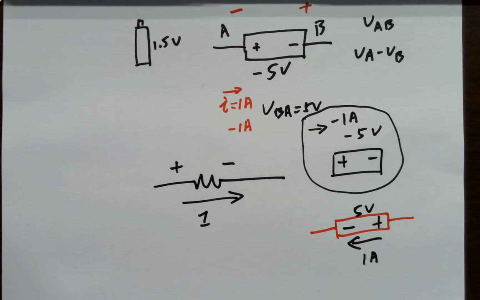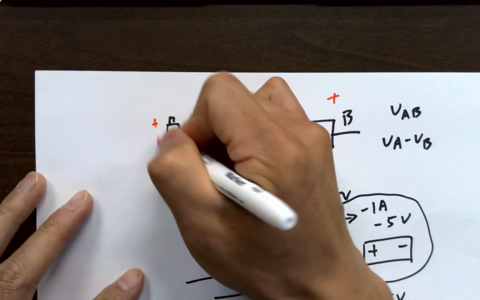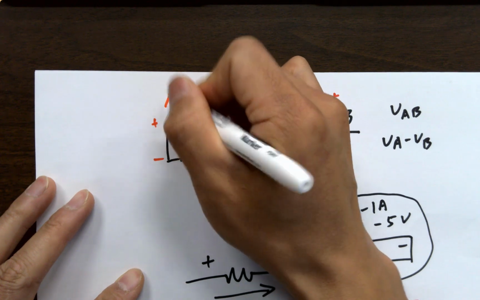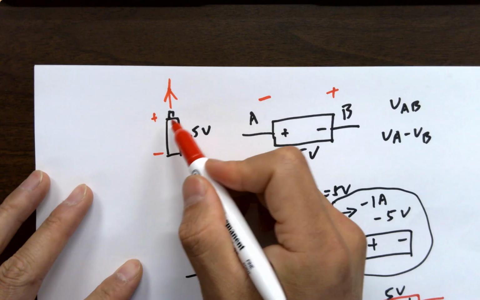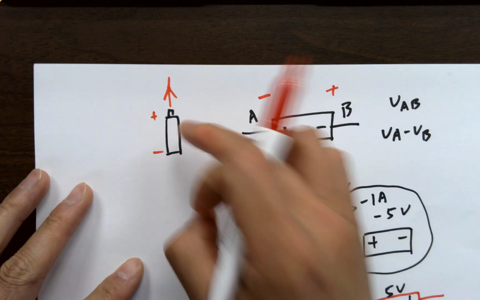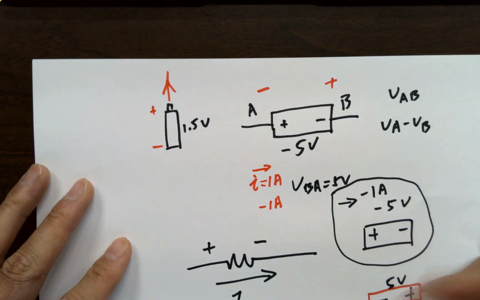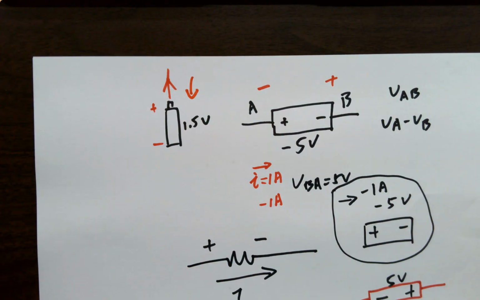If it's getting current flowing into the anode, it's absorbing. So think about a battery, okay, plus minus. If this battery is flowing a current out, is this guy delivering or absorbing? Delivering, because it's sending current out. Okay? If the current is going inside, it's absorbing.